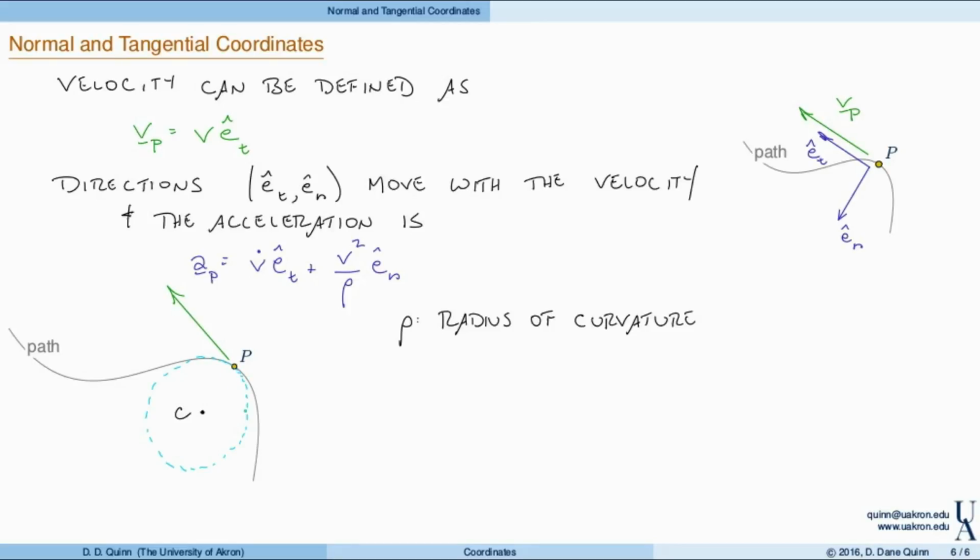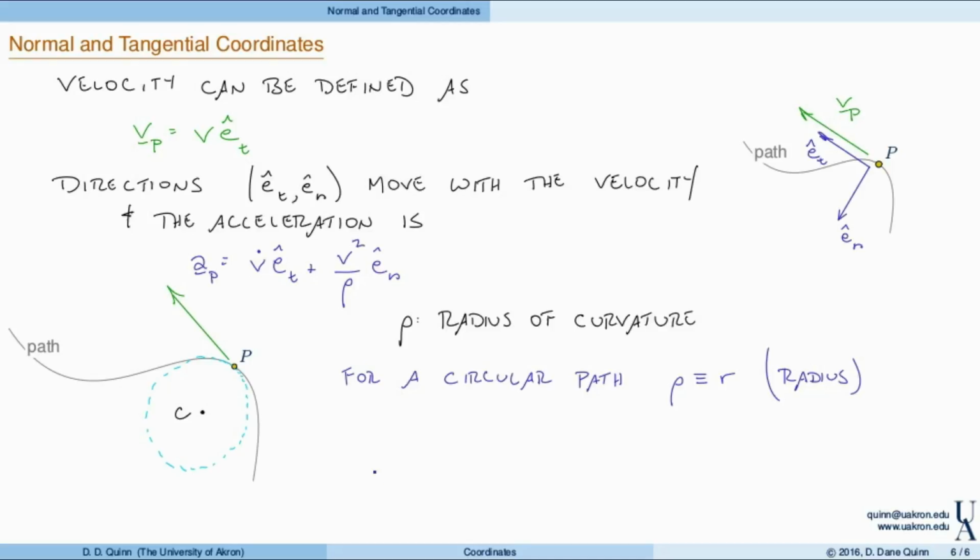So if P is here, we can construct a circle that best fits that path, and the center of that circle is the center of curvature. So a couple of things to note, and this is the important one. For a circular path, it makes sense that a circle best fits a circular path. And so rho is identically equal to the radius of the path. And again, that kind of makes sense.